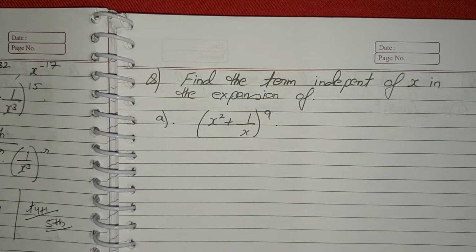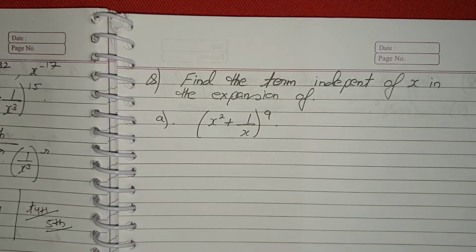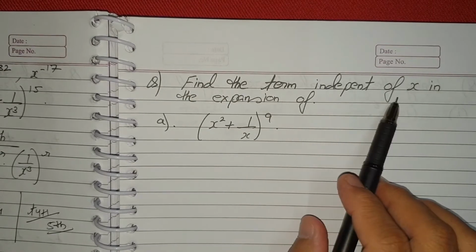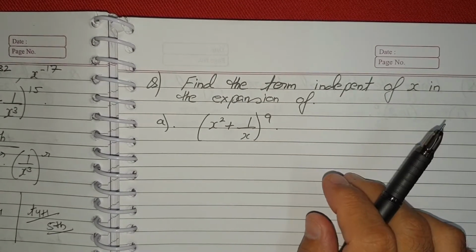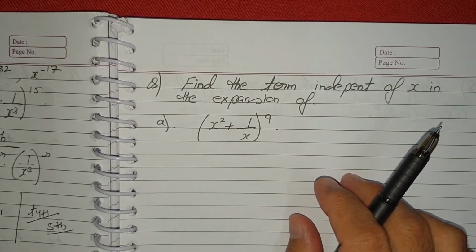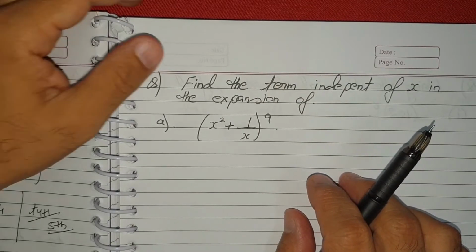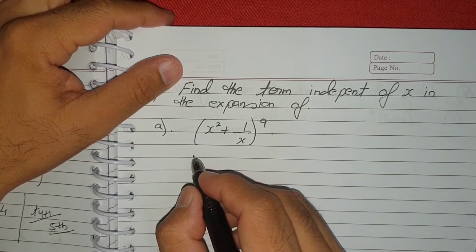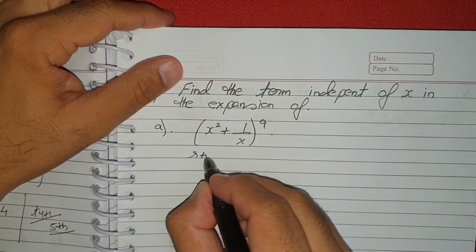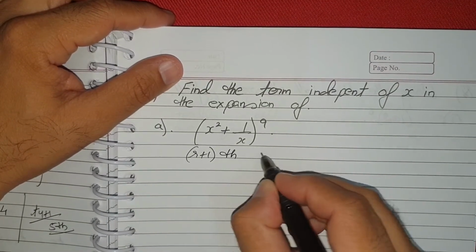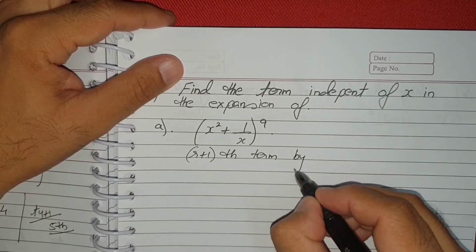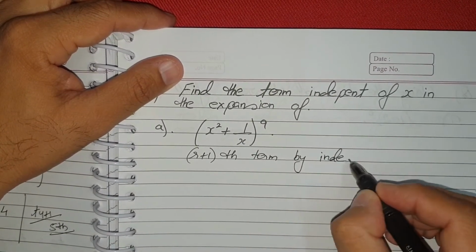Again we will find the general term and then the power of x. They are saying the term independent of x, that means we equate the power to 0, x to the power 0. So we take the r plus 1th term to be independent of x.